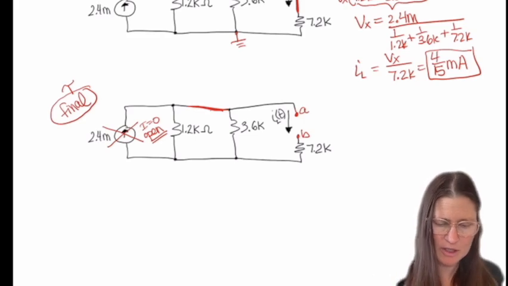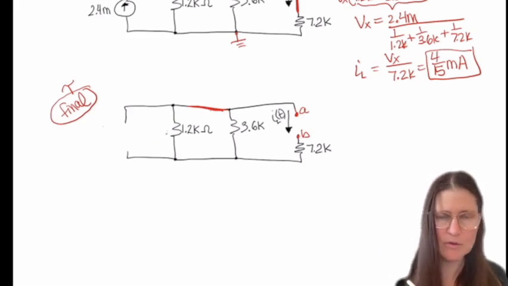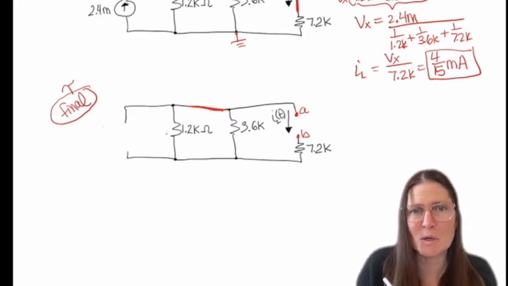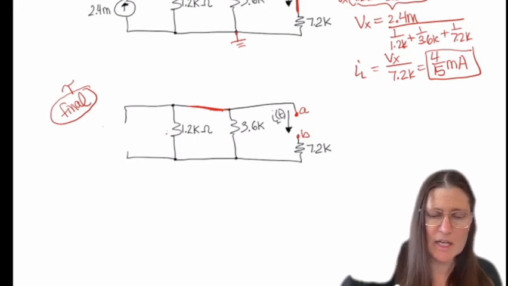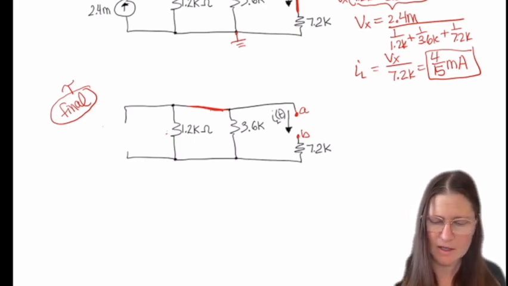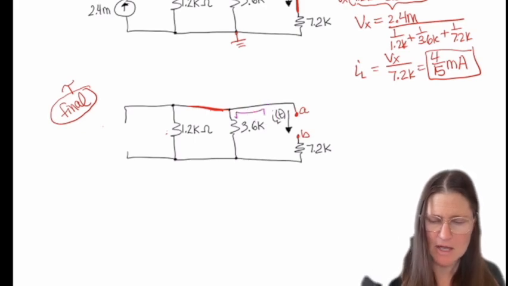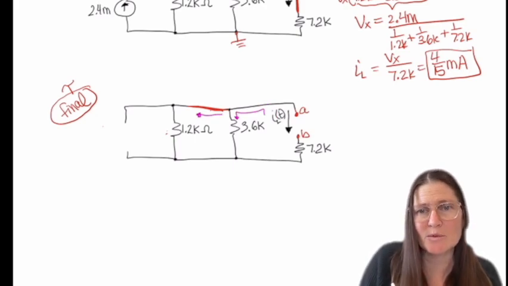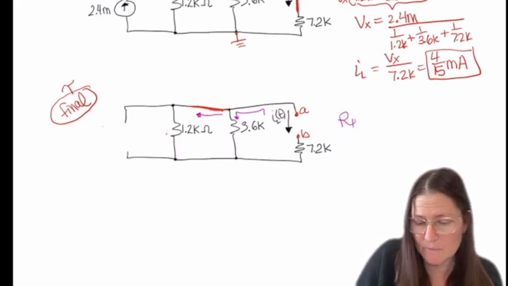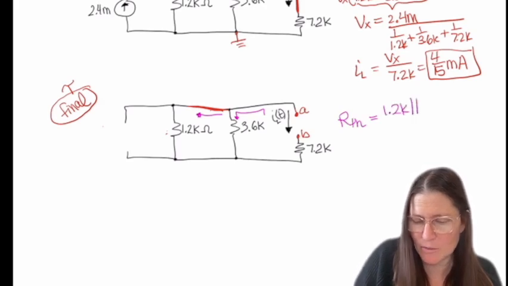I can draw it quickly so you can see if I was to open that up, it just becomes 2 floating wires. So my pathway now comes in from A, and then it splits and goes in 2 different pathways. Those 2 pathways will be in parallel to each other, so 1.2k in parallel with 3.6k.